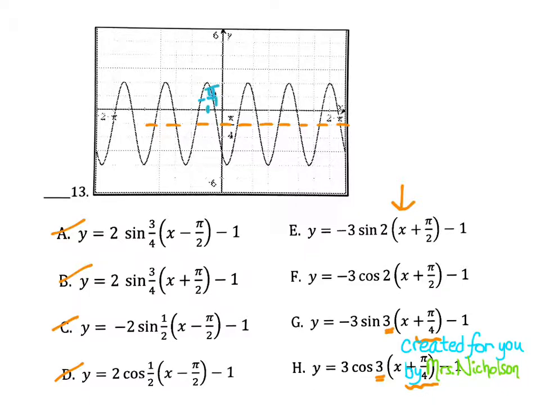I wrote that right on top of the graph, negative pi over 4. Looks like that corresponds to this point right up here, which is at a maximum point. And so that means that we're starting a cosine graph at left pi over 4. And so if I go back to my choices, cosine is choice H.